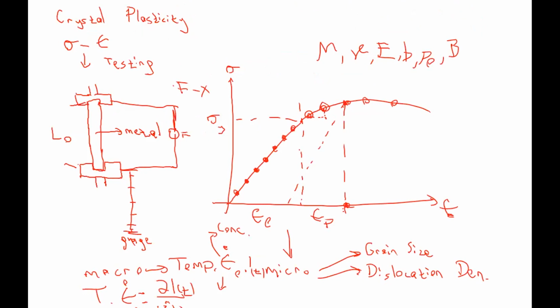And at this point, we have some elastic recovery. This is the elastic recovery, and this part is the plastic strain. But for this much strengthening, just think about these two.